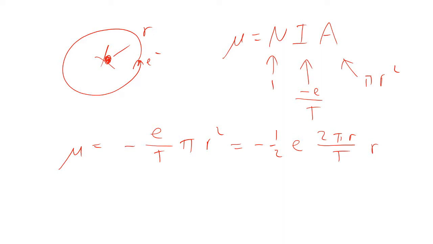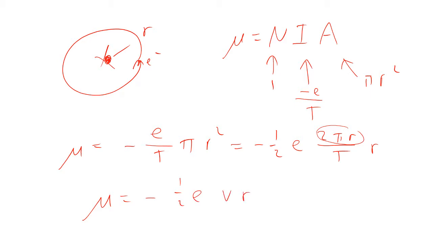What I did was multiply top and bottom by 2, and then broke things out. Now 2 pi r is the distance around, the circumference. The circumference divided by the period is going to be the velocity. So we could say this is equal to minus 1/2 e v r.